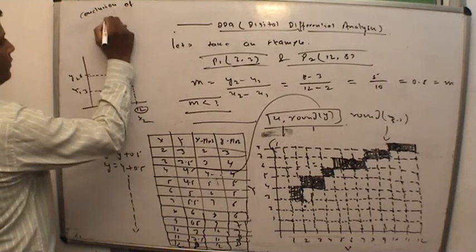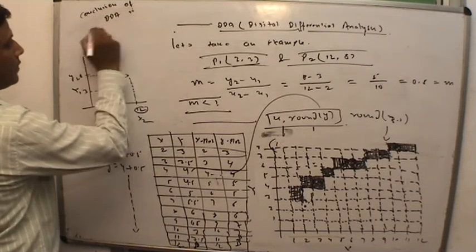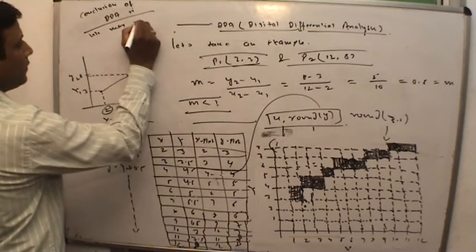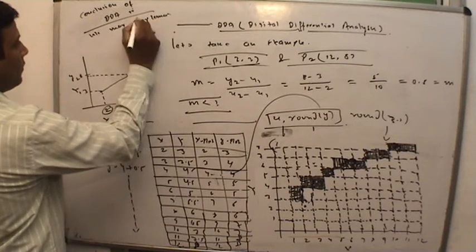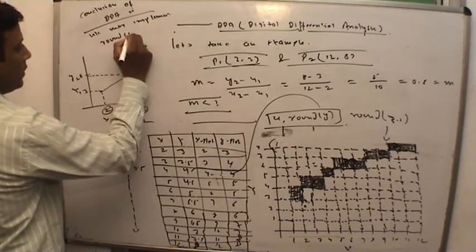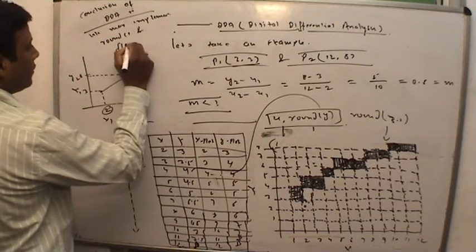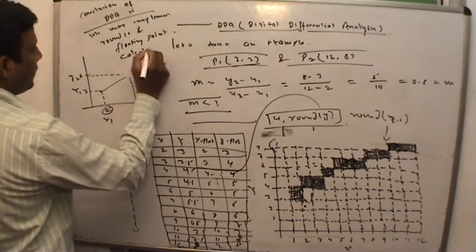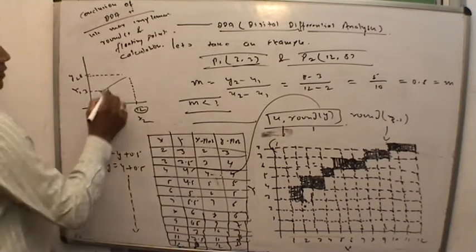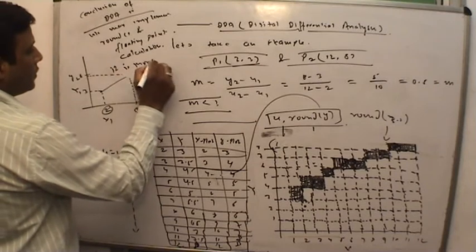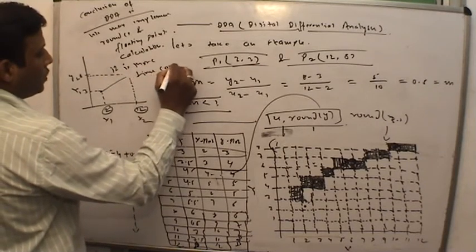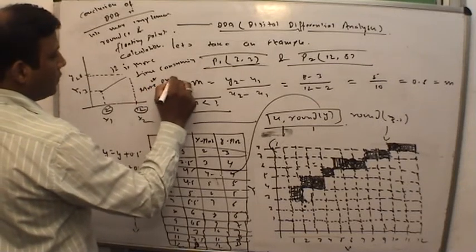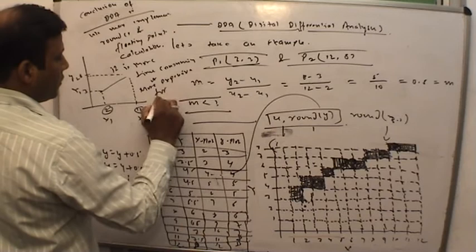Conclusion of DDA: we have to implement a rounding function and floating point calculation. It is more time consuming, or more expensive, for computers.